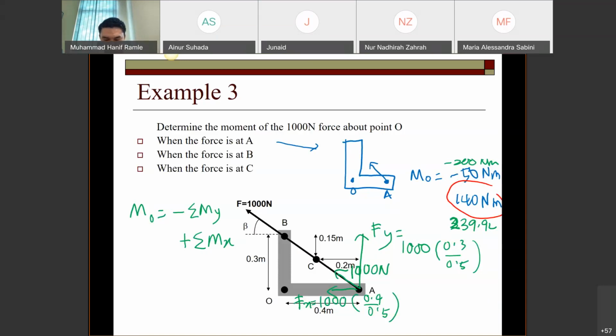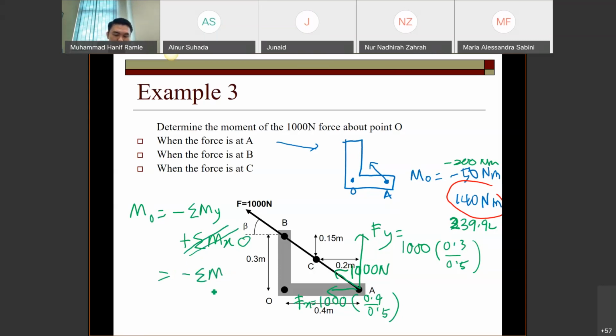The x component no longer exists for the moment. This one is 0. So the only thing left is the y component.